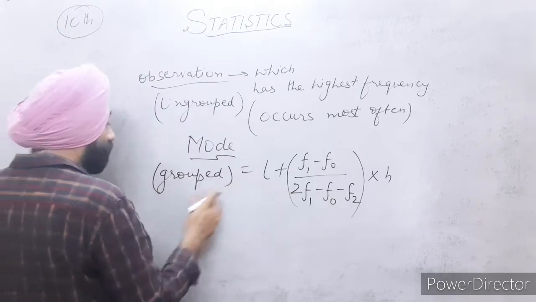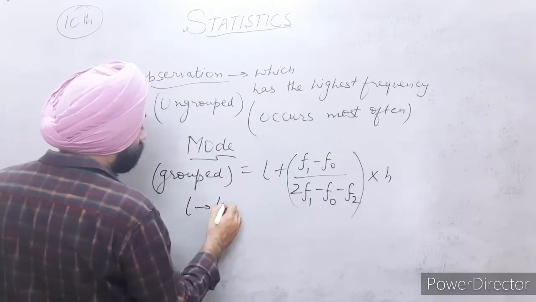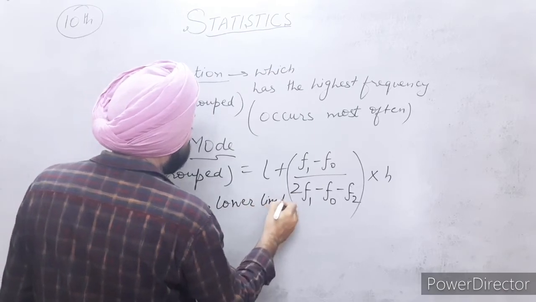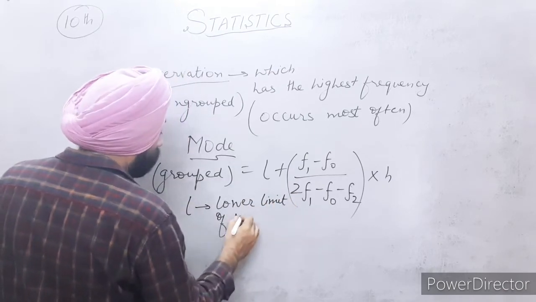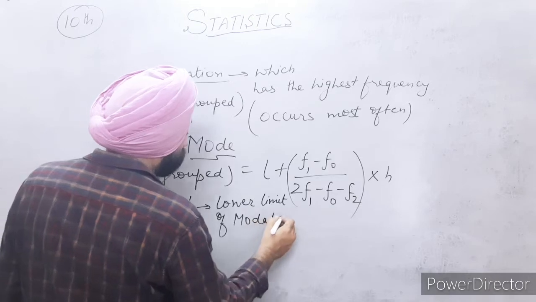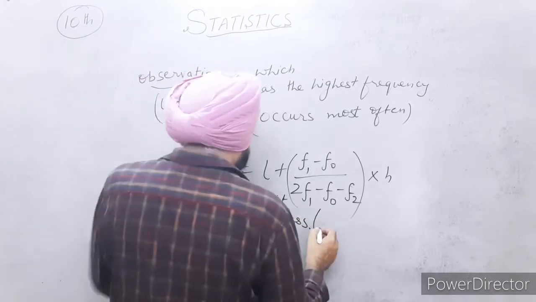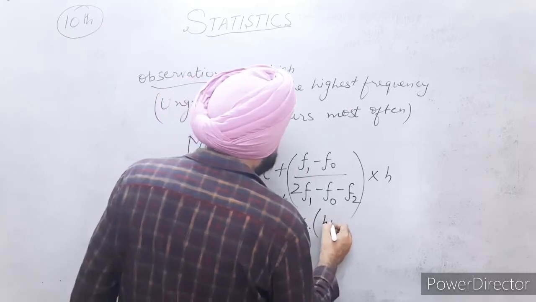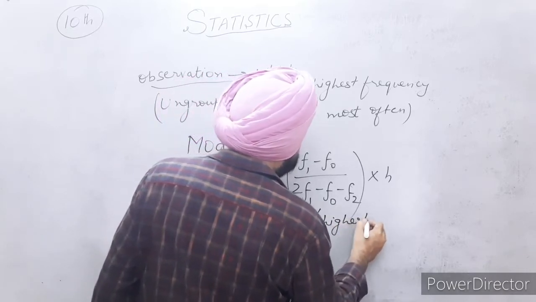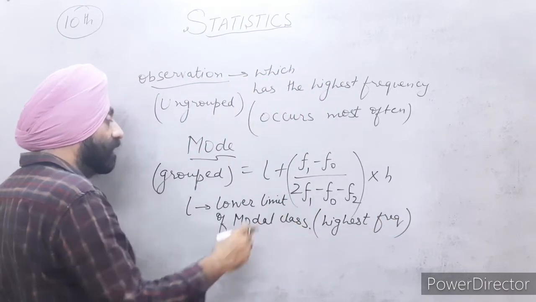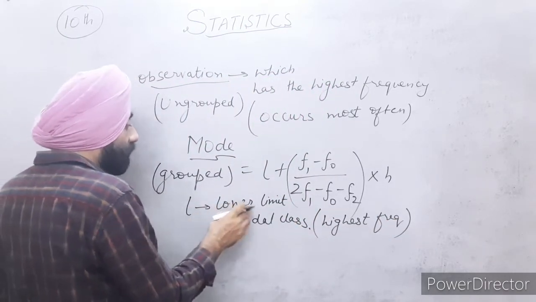Now I will just explain what is L. It is the lower limit of the modal class. Modal class is the class which has the highest frequency. The class which is having the highest frequency is taken up.